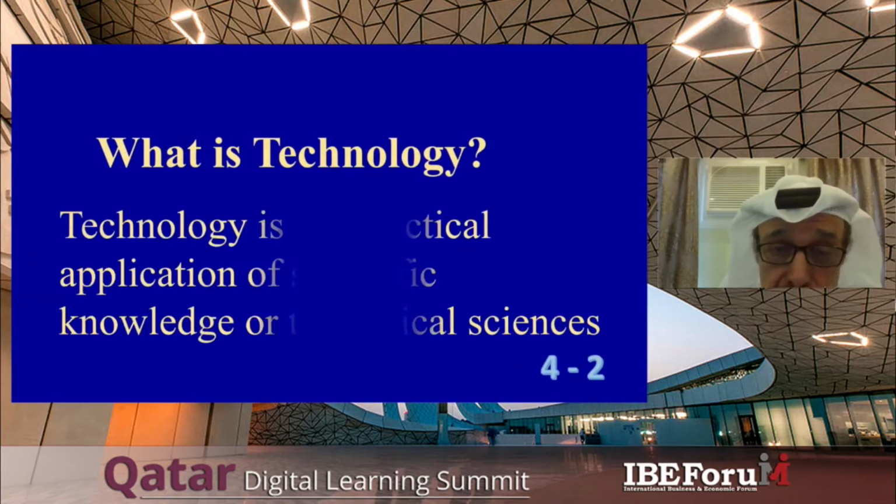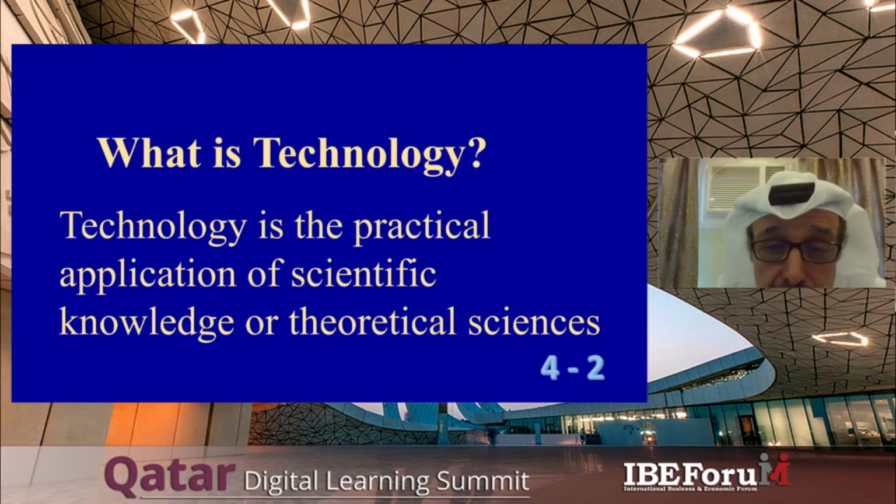So technology is the practical application of scientific knowledge, or scientific theory, or theoretical science. Every one of these technologies, as a product, has some theory behind it. Once we know that, we don't have any problem defining technology.